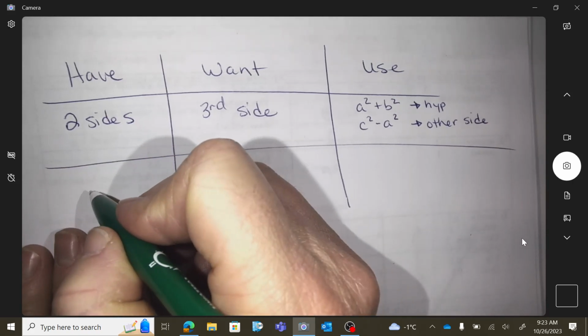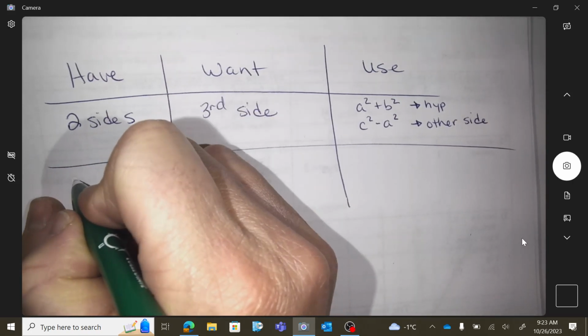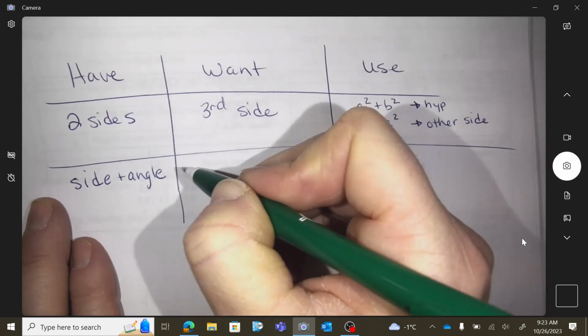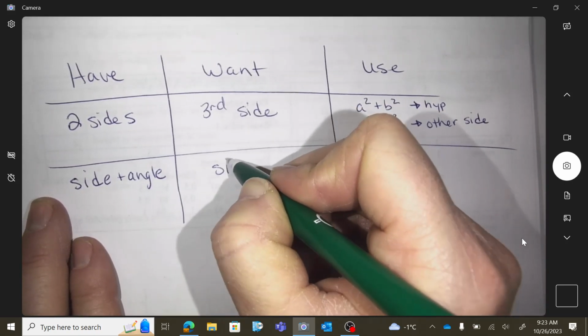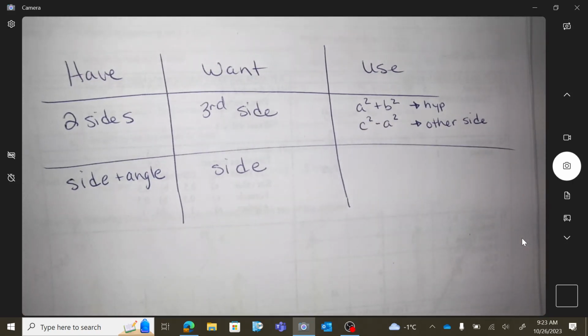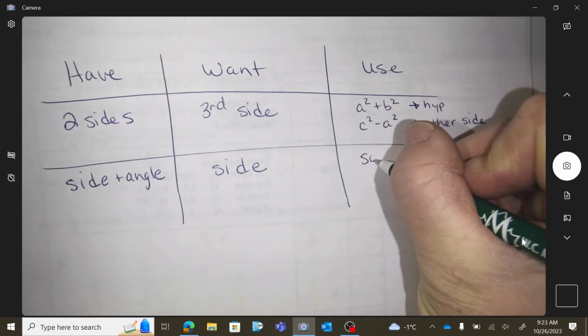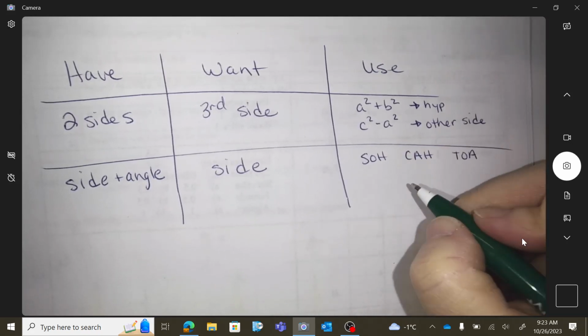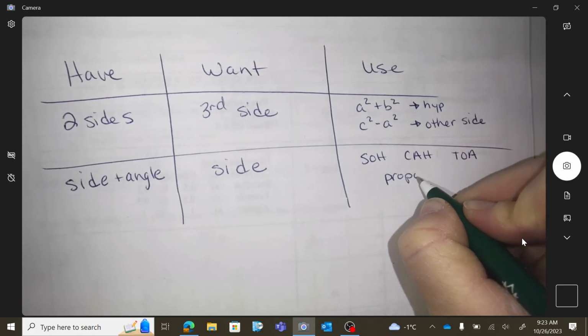Okay, what if you have a side and an angle and you want to get another side? What we did yesterday. Yep, you do the SOHCAHTOA proportions.